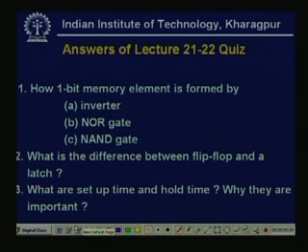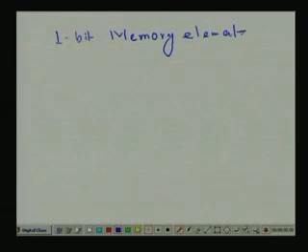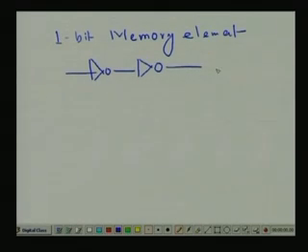We have read in the last lecture that the one bit memory element is formed by using an inverter and one NAND gate, cascaded with another inverter, that means one NOT gate and another NOT gate.